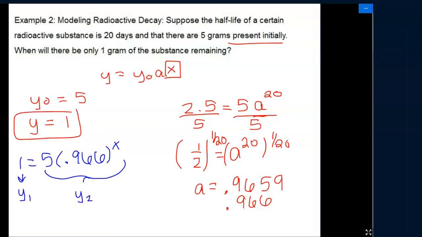And we see that their point of intersection is actually at 46.527. So what that means is it takes 46 and a half or 47 days to be at 1 gram of substance remaining. Takes 47 days to get to 1 gram of substance remaining.